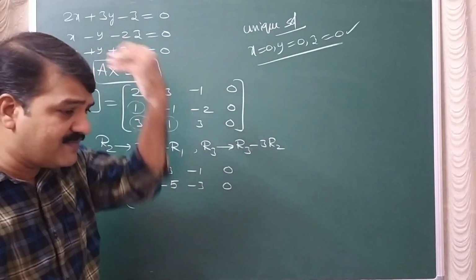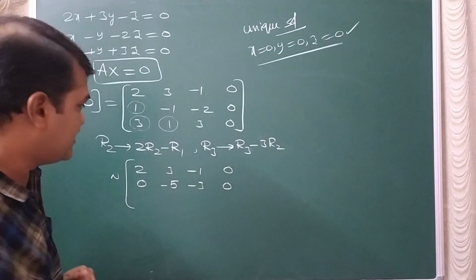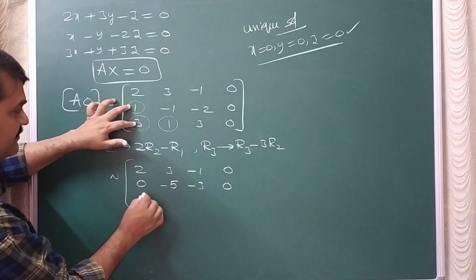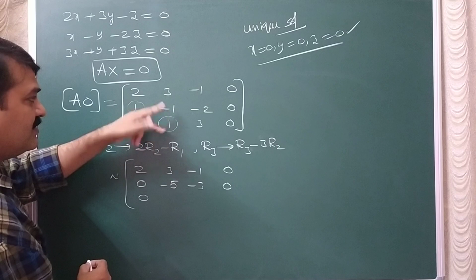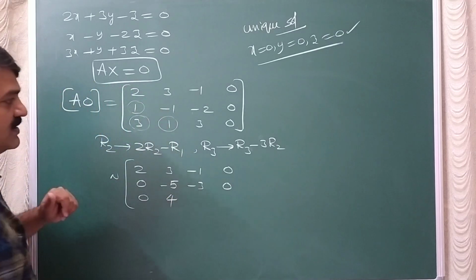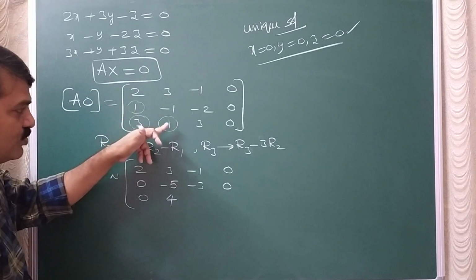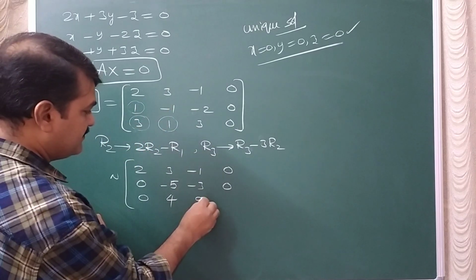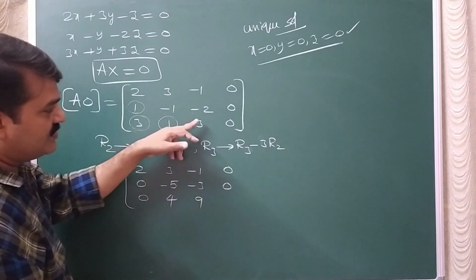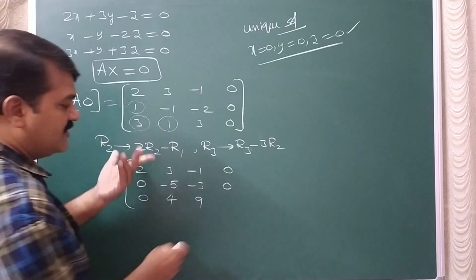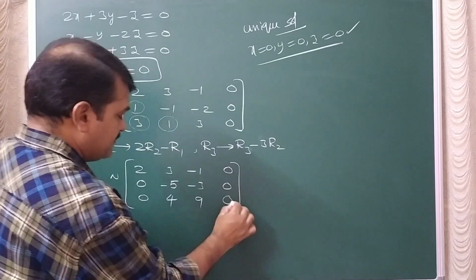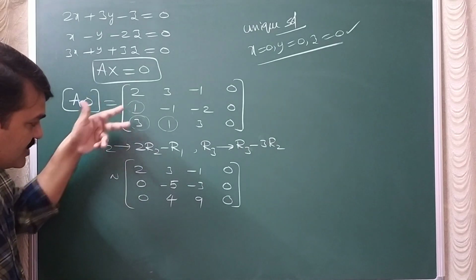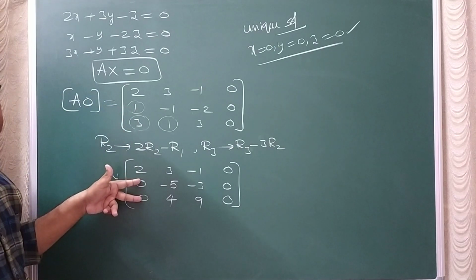The last column will always be 0 only for the homogeneous system. Next, R3 minus 3R2: 3 minus 3, 1 plus 3, 3 plus 6. The last column is anyhow 0. So the first step of getting zeros in these two places is completed.